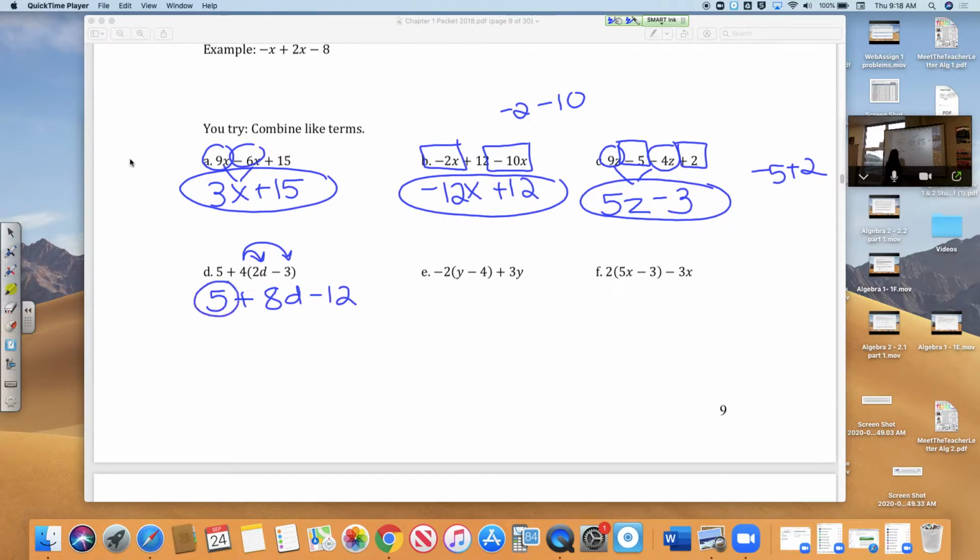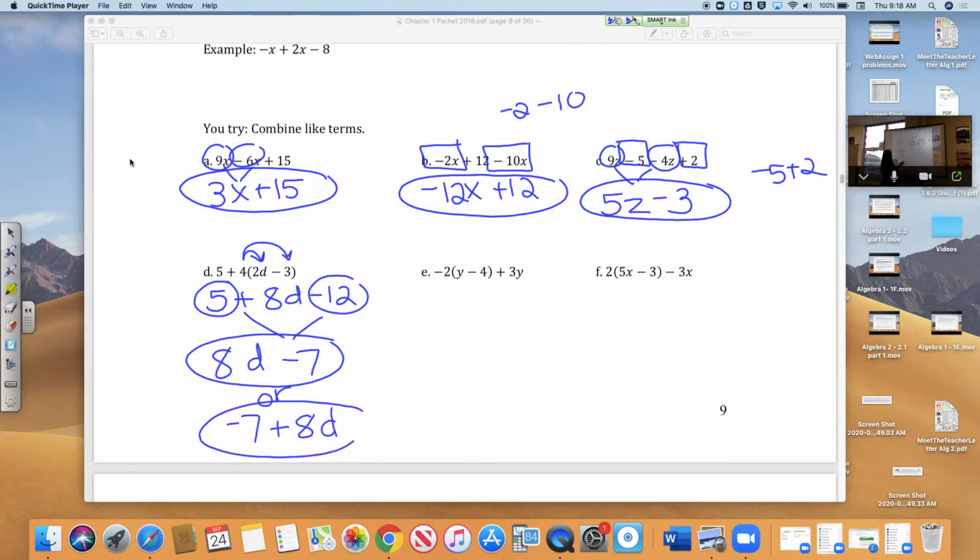I have a 5 and a negative 12 to combine together. 5 and negative 12 combined together is a negative 7. So this final answer would be 8d minus 7, or negative 7 plus 8d. Either way is fine.